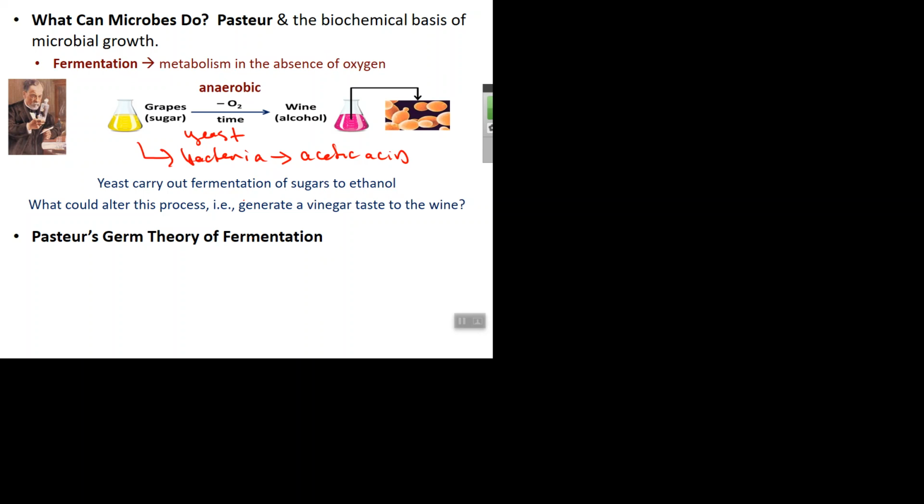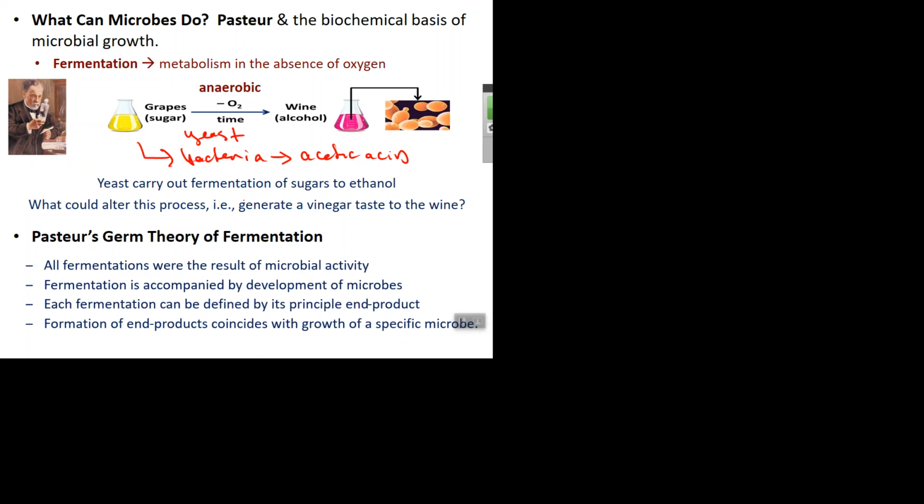So this is where he found that he could see that, if a certain bacteria contaminates, then that will make butyric acid. If it's a different one, it'll make acetic acid. So he basically differentiated and associated various bacterial types to different fermentation products, we call it, in this process. And so this is where the germ theory of fermentation comes out of this, okay?